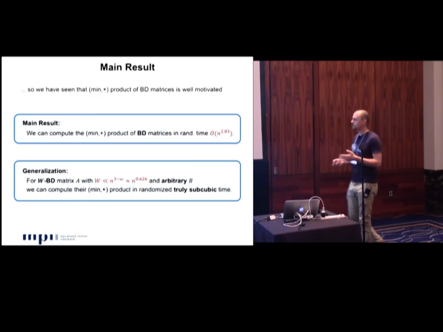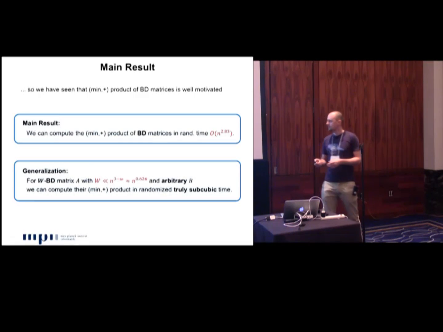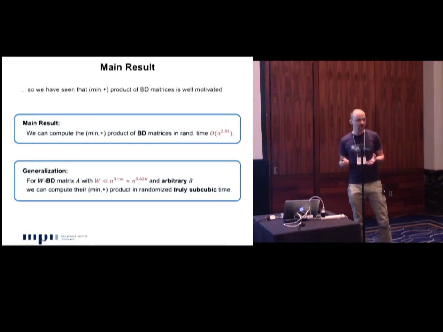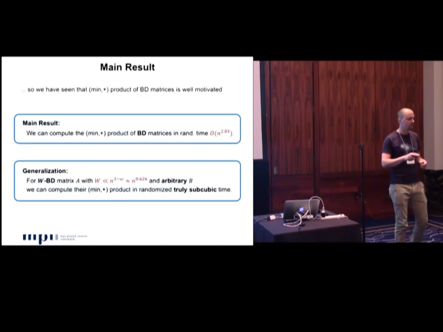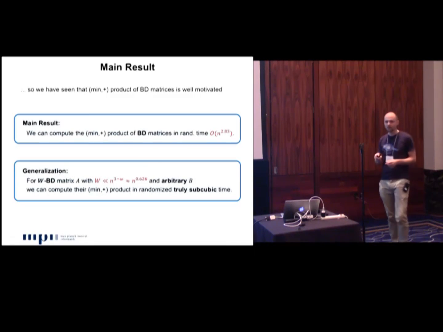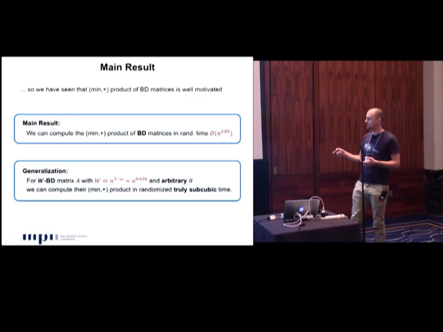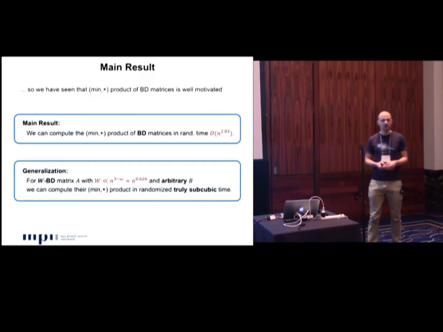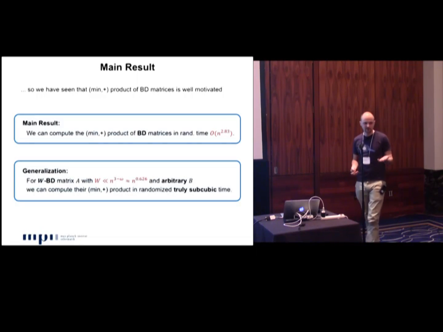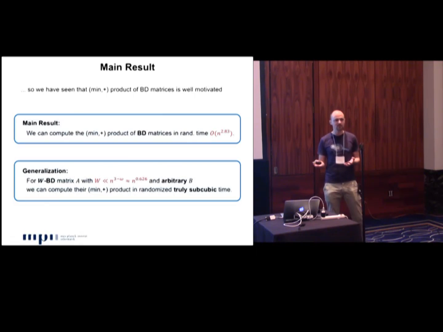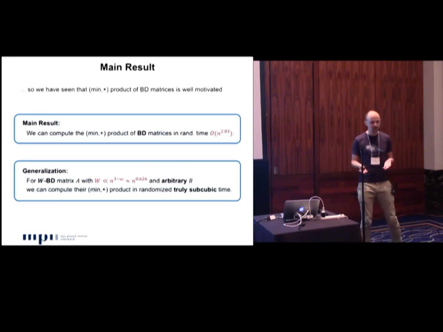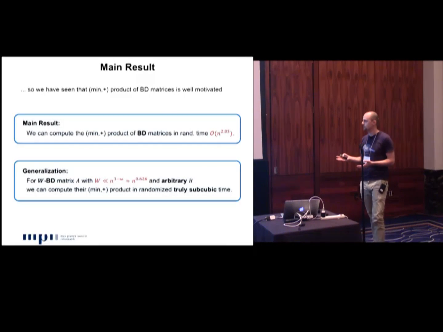Let me write down one generalization for you. Bounded difference, I said, was that the adjacent entries always differ by 1. You can generalize this to W bounded difference, where W is something like n to the 0.6. And it even suffices if only matrix A has bounded difference, matrix B can be completely arbitrary, then you can still compute the min plus product in truly subcubic time.